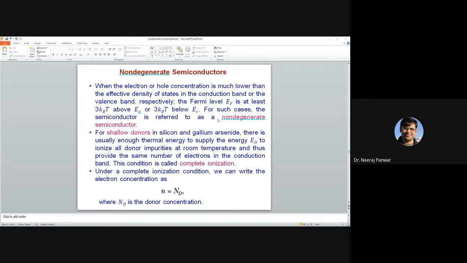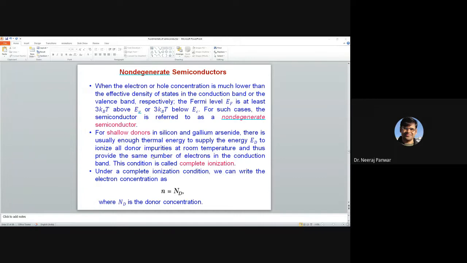If the donor or acceptor concentration is like 10 to the power 14 or 10 to the power 15 per centimeter cube, which is much smaller than 10 to the power 18 or 10 to the power 19, then the Fermi level will be at least 3 kBT above the top of valence band or 3 kBT below the conduction band, and such levels are known as shallow donor levels or shallow acceptor levels, and we require very little energy to ionize them.